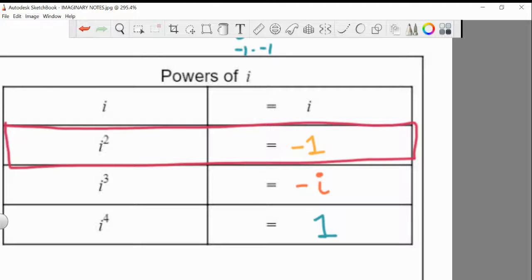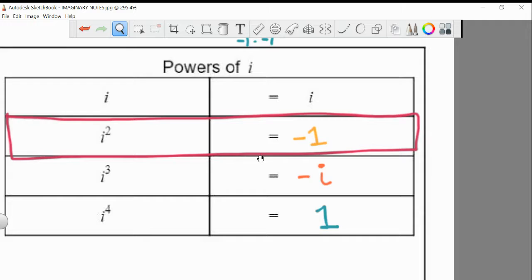Now, how do you memorize this? I've had students think about a way to memorize it as i, -1, -i, 1. And students will say, "I won. I won." Like you're extremely excited that you won the soccer game, right? I won. And that's how they remember it goes, I won.